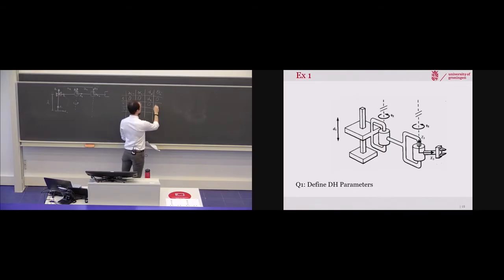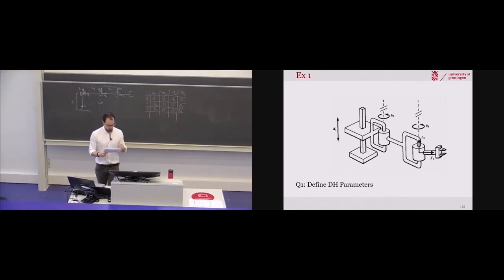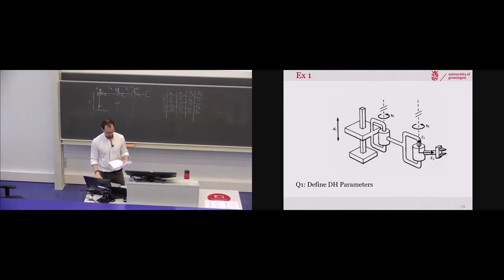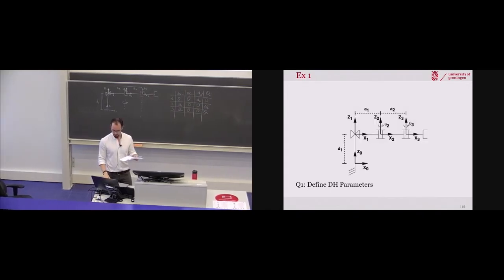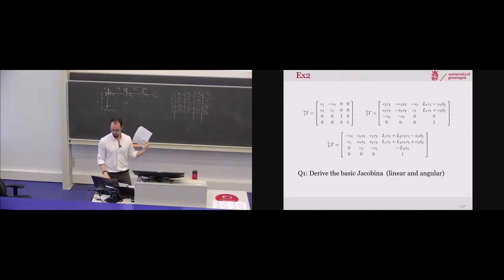Yes, and it is theta 1. Same thing for joint 3: it is exactly a2, 0, 0, theta 2. And this concludes the second part of the exercise. Okay, so point B: here you can see the schematic that I just described.